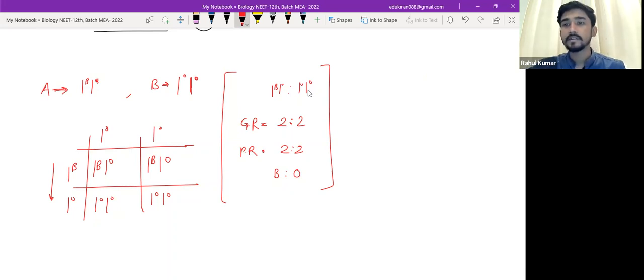the kid's blood group is A, okay, and one of the parents' blood group is B, and the other parent's blood group is O. Okay, everyone.